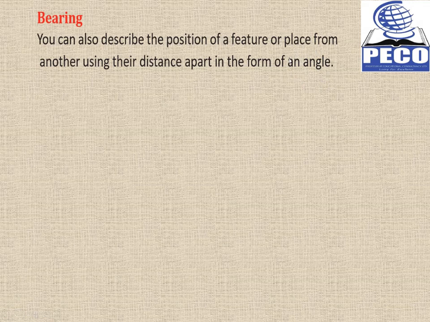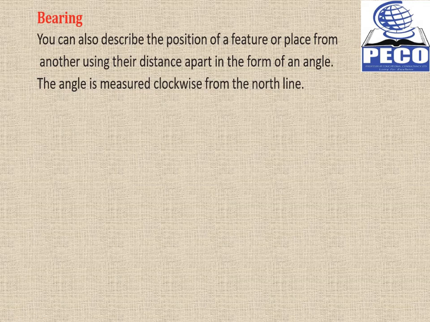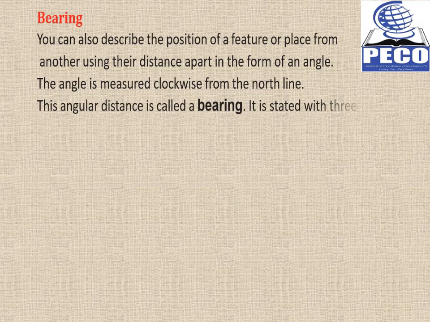That is what we call an angle. The angle is measured clockwise from the north line. This angular distance is what we are calling the bearing. So how far apart is one point from another, one feature from another, in terms of degrees. That is what we call bearing.